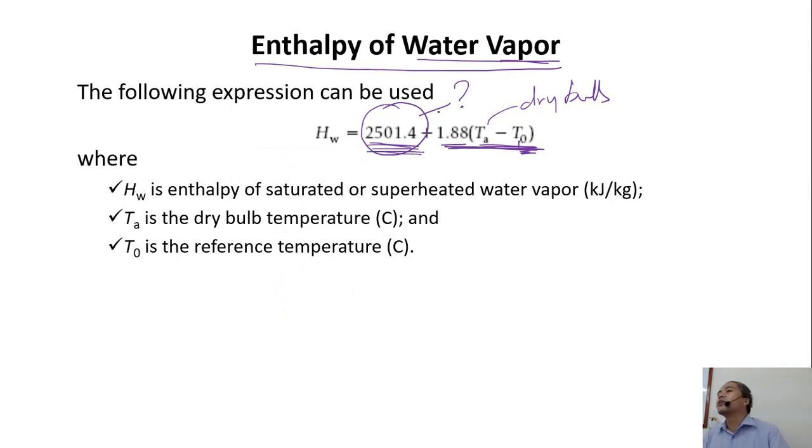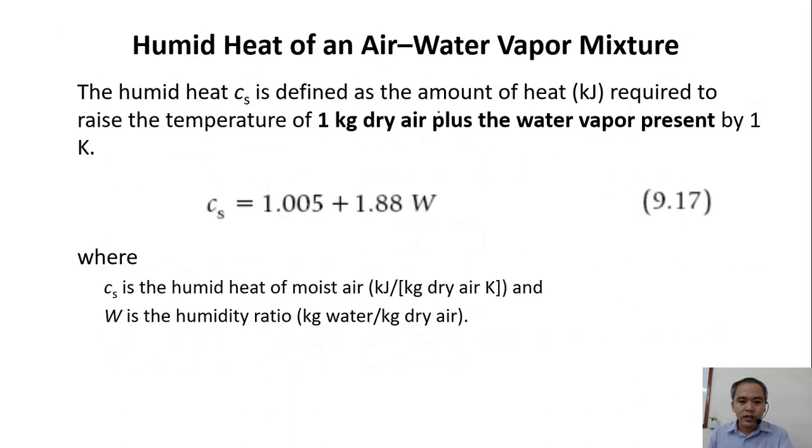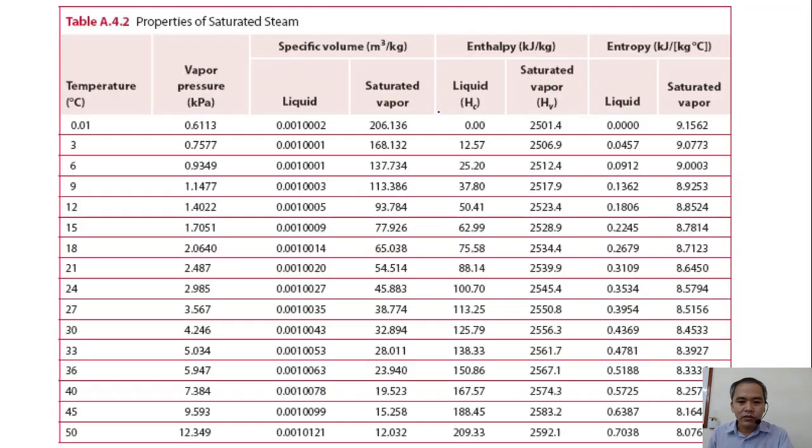Okay, did you bring the saturated steam table? I will just open it and we'll see. This one at 0 degrees C. This is the enthalpy of C, meaning condensate, meaning before it starts to boil.